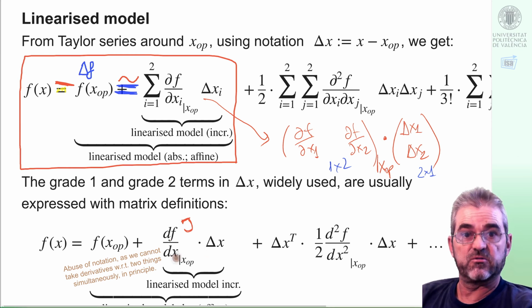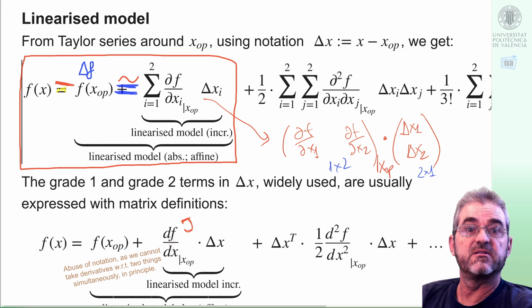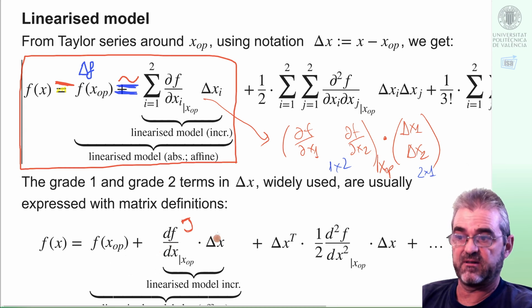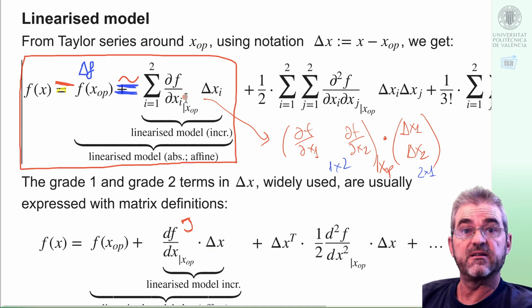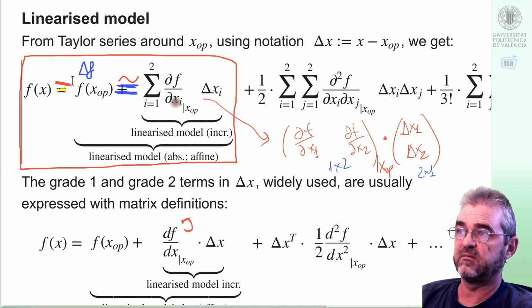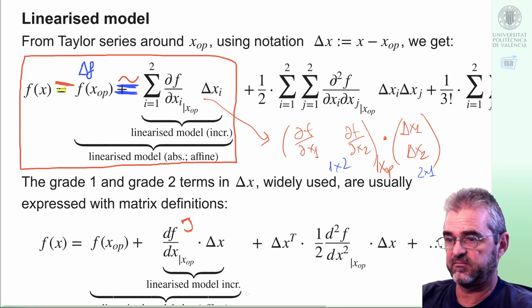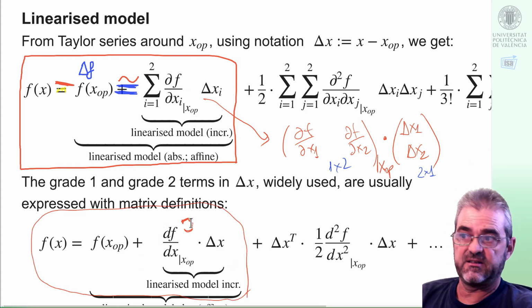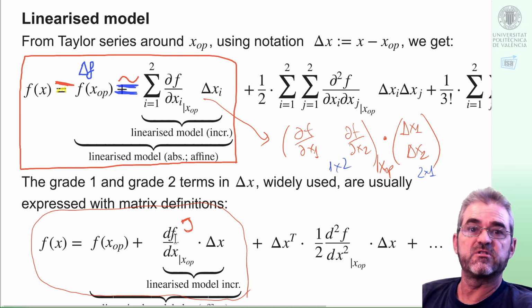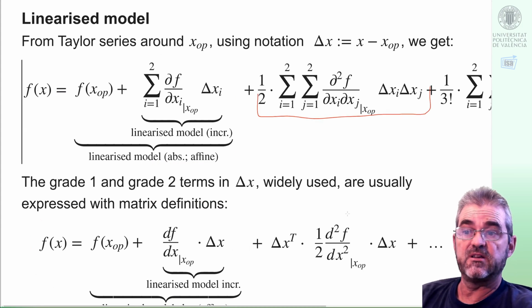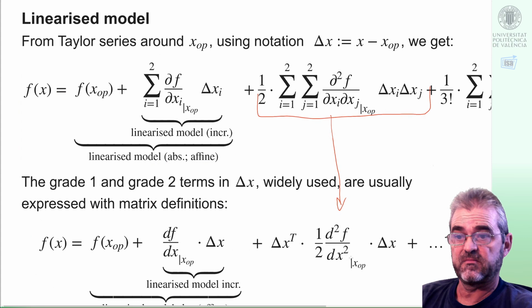This df/dx is sort of informal because we cannot take derivatives with respect to a vector, but this matrix of partial derivatives called Jacobian times the increment in vector form gives me the incremental linearized model, or if I put the operating point at the other side, I will get an affine, let's say, adding a constant, linearized approximation. In fact, this quadratic term is also expressed in matrix form as follows.